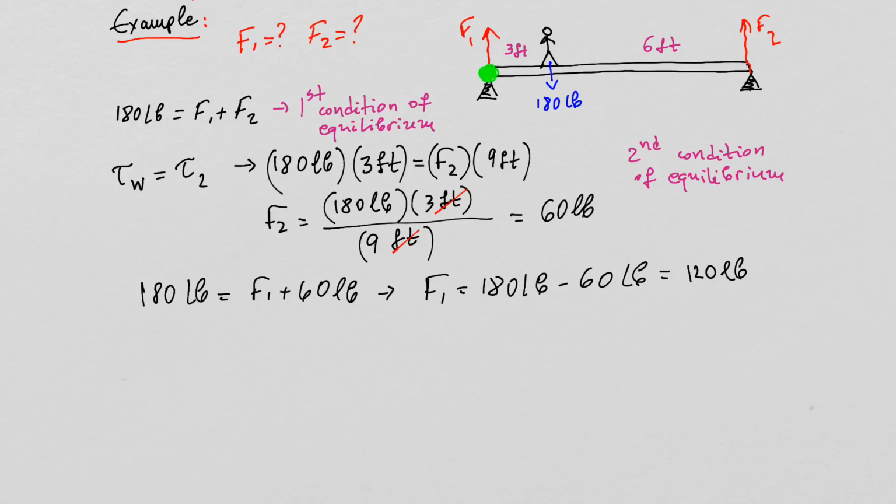So how can this problem be modified? Well, for example, there can be a situation where there is another person on the plank or a load of materials on the plank, so that will bring another weight force pushing down.